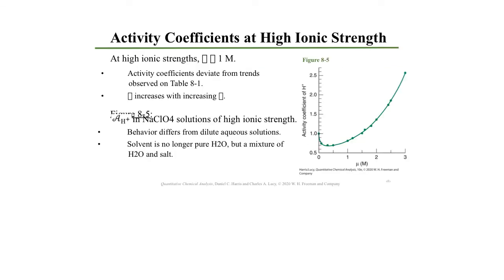These activity coefficients do have weird behaviors when the ionic strength is relatively high. And so again, that is where we would have to invoke a different equation and not the Debye-Huckel. We're not going to worry too much about that, but recognize that there are limitations to using Debye-Huckel.